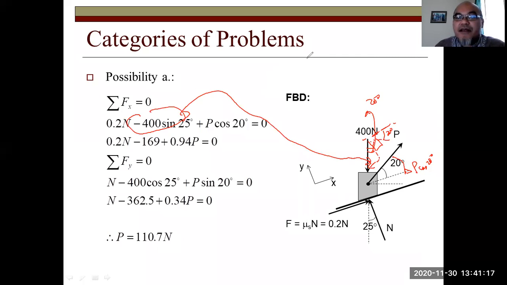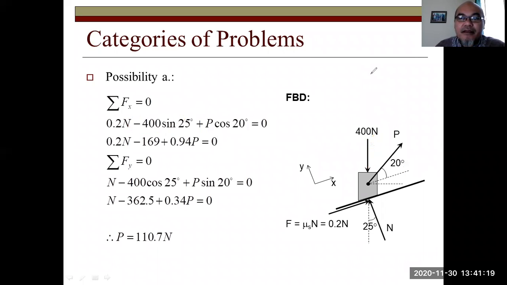Then, sigma Fy equals 0. N is directed toward the positive y-axis. Negative 400 cosine 25 degrees from here, then plus P sine 20 degrees.